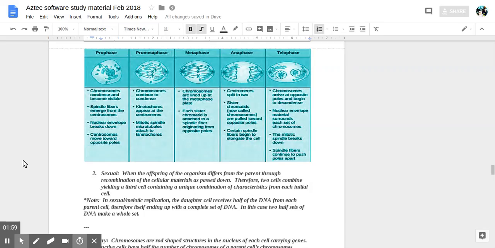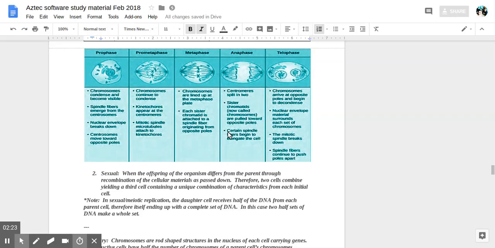At the stage of metaphase, each sister chromatid is attached to a spindle fiber originating from opposite poles. In the next stage, anaphase, the centromeres split in two. Then the sister chromatids are split apart, and they're now called chromosomes.